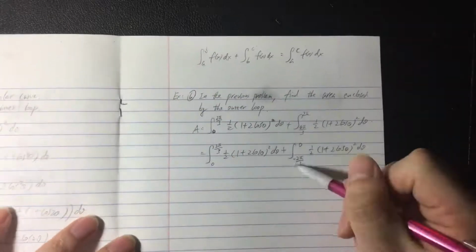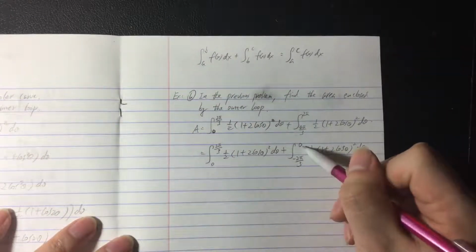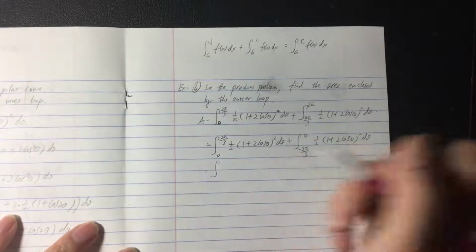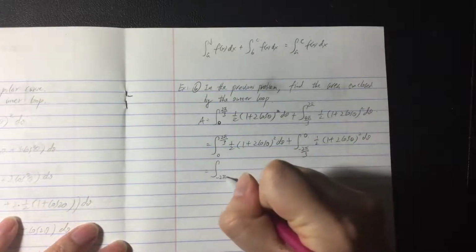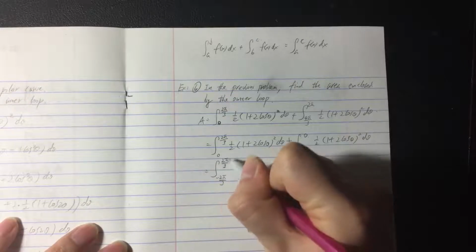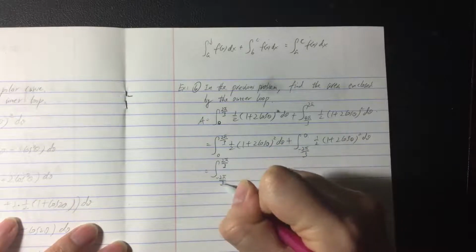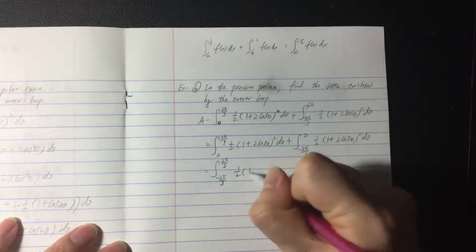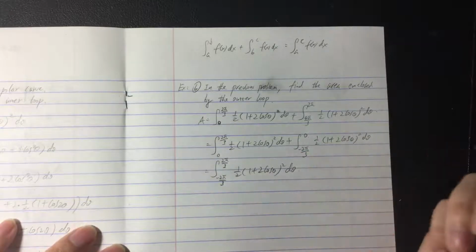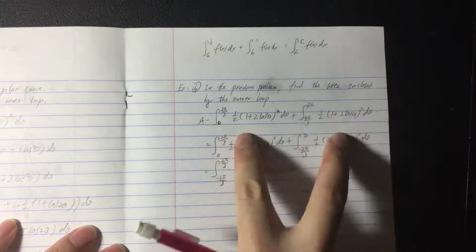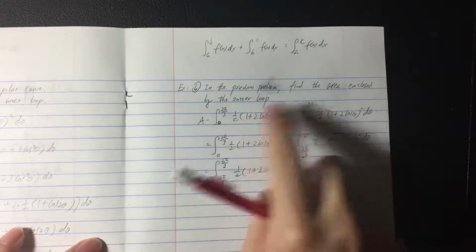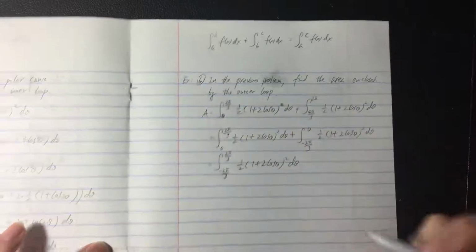So here we have from negative 2 pi over 3 to 0, then from 0 to 2 pi over 3. That's the same as the integral from negative 2 pi over 3 to 2 pi over 3 of half of (1 plus 2 cosine theta) squared d theta. So these two integrals are the same as this one integral. Solving one integral will be much easier than solving these two crazy integrals.